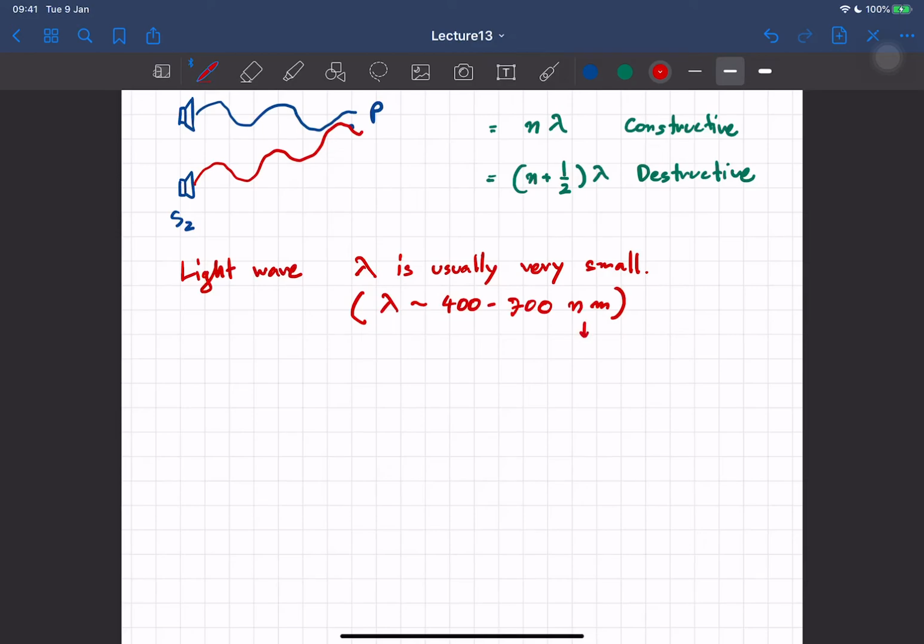Nanometers is 10 to the minus 9 meters. So in terms of meters, we are talking about 0.0000004 meters.